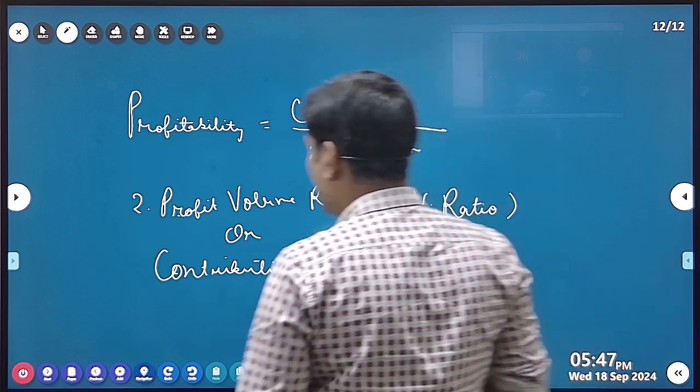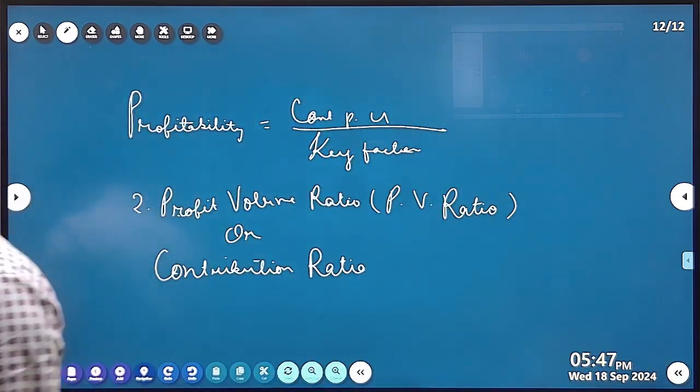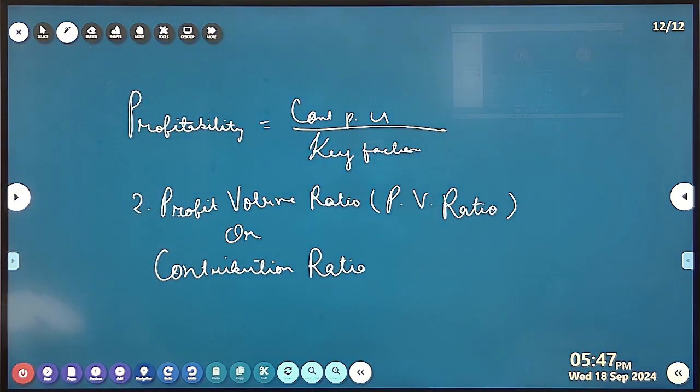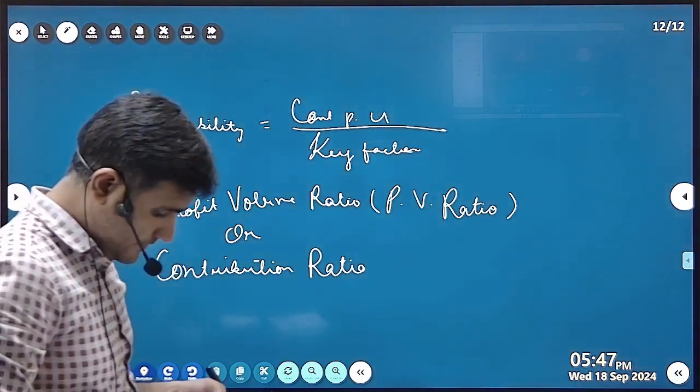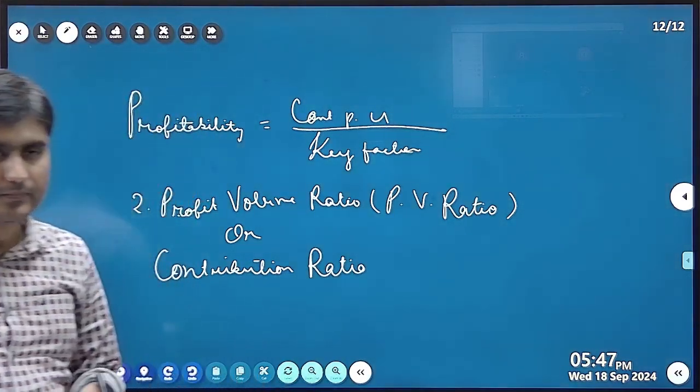We have written the formula for this and we have understood this also. Profit volume ratio, or contribution ratio, means contribution per unit by selling price, contribution by sales.